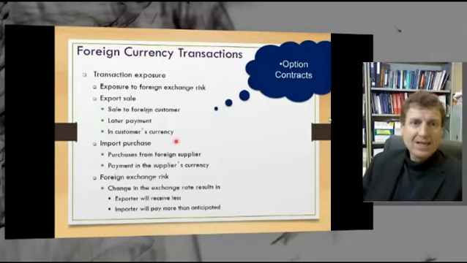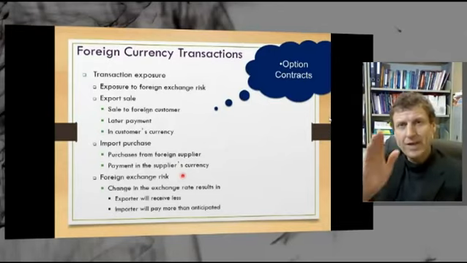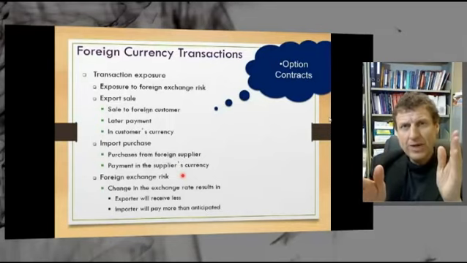So we have export sales that we need to consider, which is all about protecting your accounts receivable asset. And we have import purchase transactions, which is about protecting your accounts payable account. And so foreign exchange risk is all about that. Having an option contract or forward contract is about protecting yourself from variations in the currency between when you make delivery, or when you make a sale, when you receive delivery, and when you pay cash, or when you receive the cash.